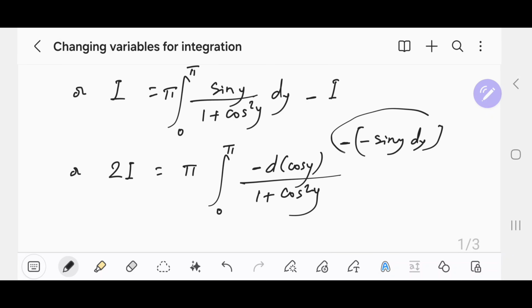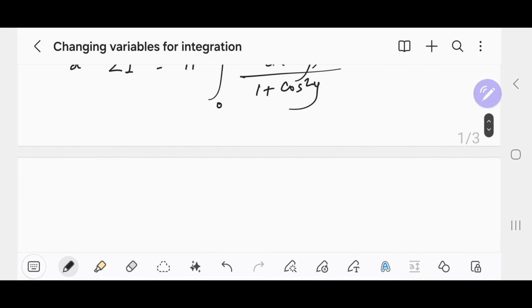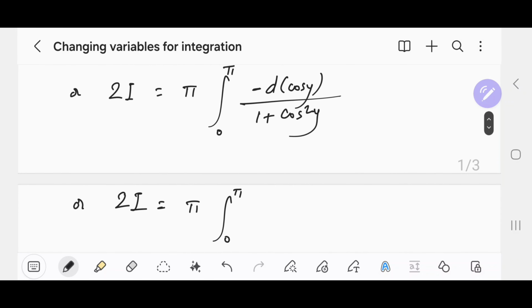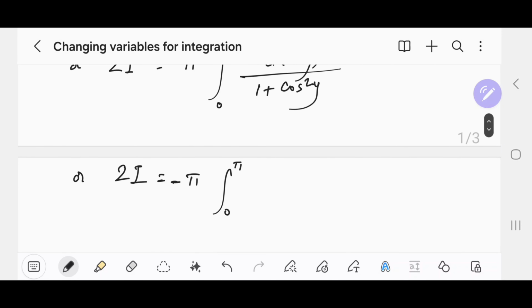That means this is sine y dy, right? So this sine y dy can be expressed as minus d cos y, or 2I equals pi times the integral from 0 to pi of minus d cos y by 1 plus cos square y.